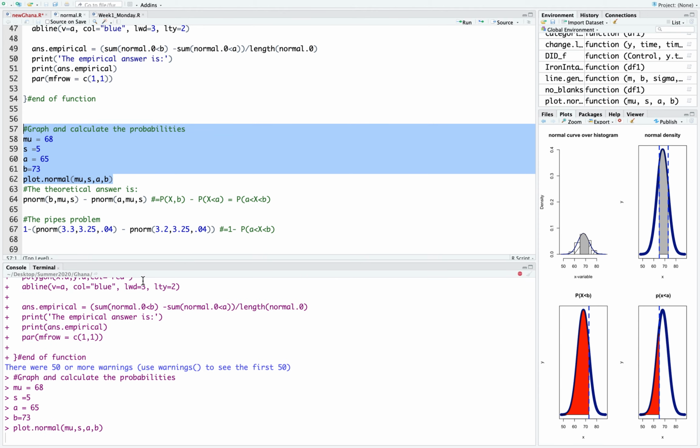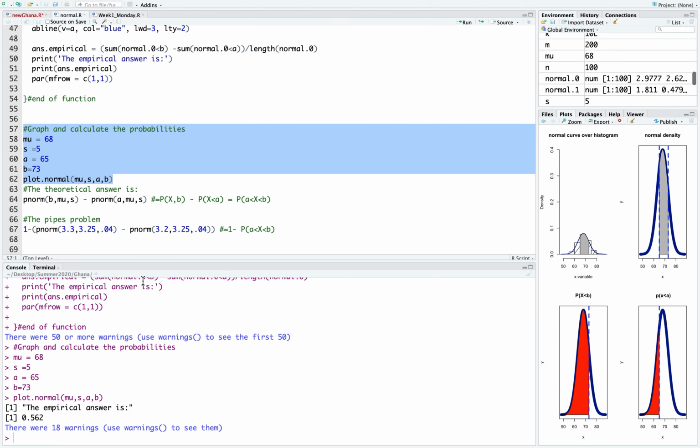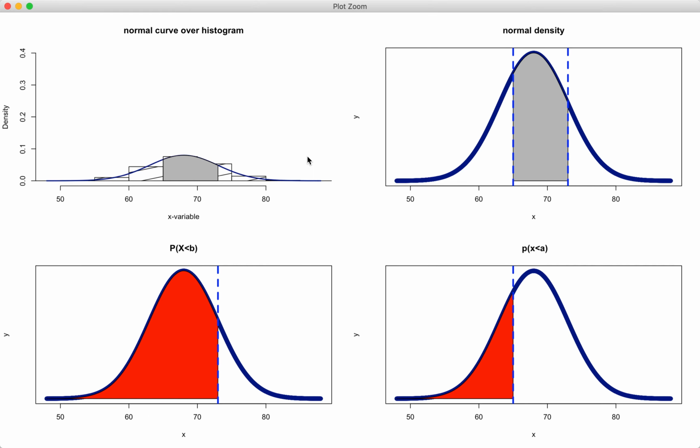And by the way, I have a package that produces some warnings, so just ignore these warnings. Okay. So let's look at these graphs. So what I've done is I've generated a normal distribution from data, and the data is displayed on this top left graph. And I've overlaid the normal distribution in blue. Okay. You can see that the histogram approximates the graph.